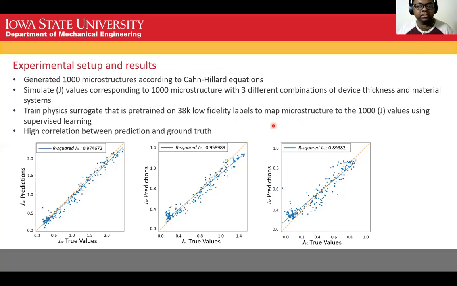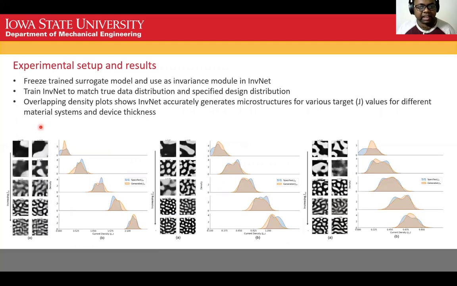We then use that pre-trained model and augment it while training on the 1000 J values using a supervised learning model. We get very high correlation, close to 0.9, for all three combinations of material system and device thickness.